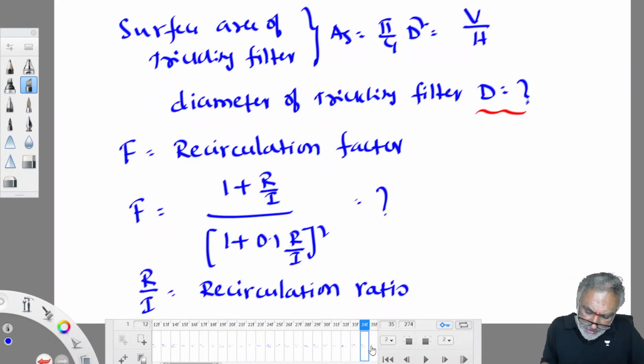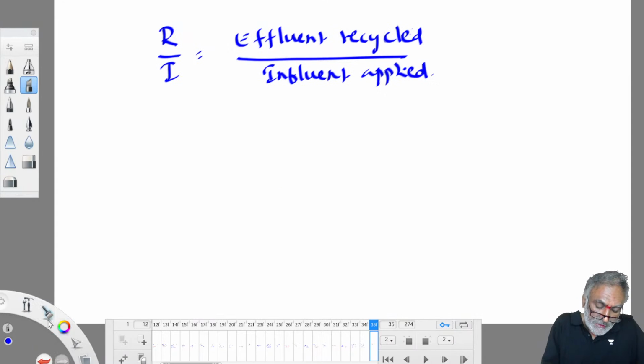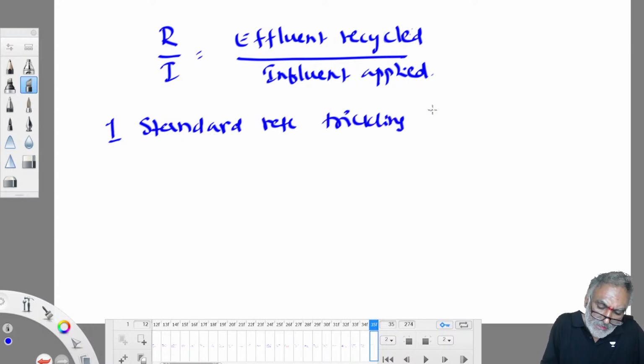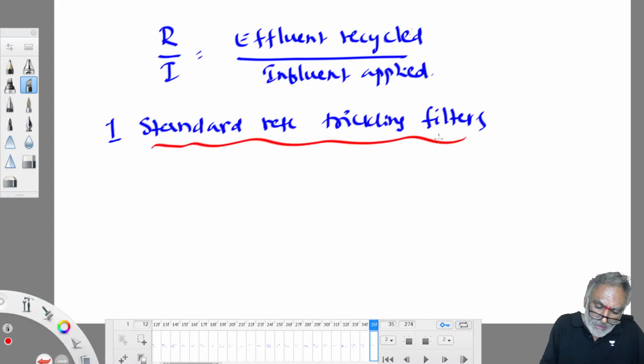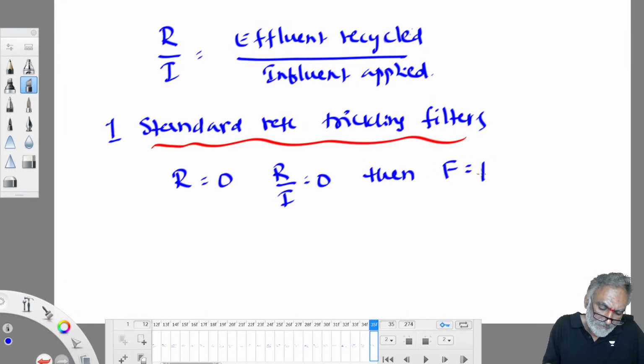Okay. So based on this F value, trickling filters are classified into two categories. One is standard rate trickling filters. For standard rate trickling filters, there is no recirculation. R value is equal to 0. If R value is equal to 0, R/I is equal to 0, then F is equal to 1.